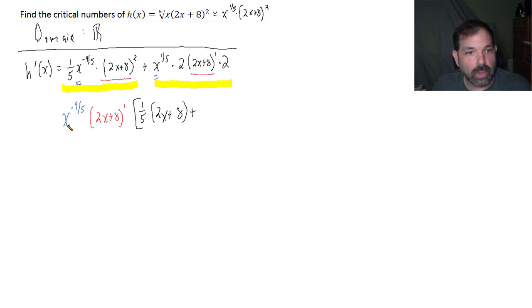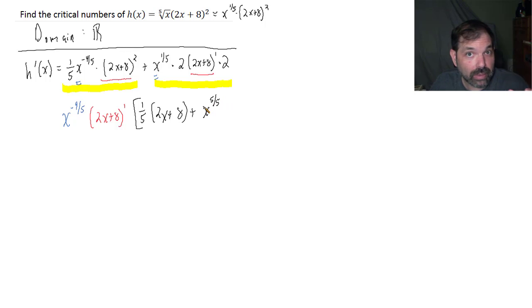For the second term, I factored out x to the negative 4/5. What would I have to multiply x to the negative 4/5 by to get x to the 1/5? So negative 4/5, if we think about rules for exponents, negative 4/5 plus 5/5 is 1/5, isn't it? So I have here an x to the 5/5, which is really just x to the first.